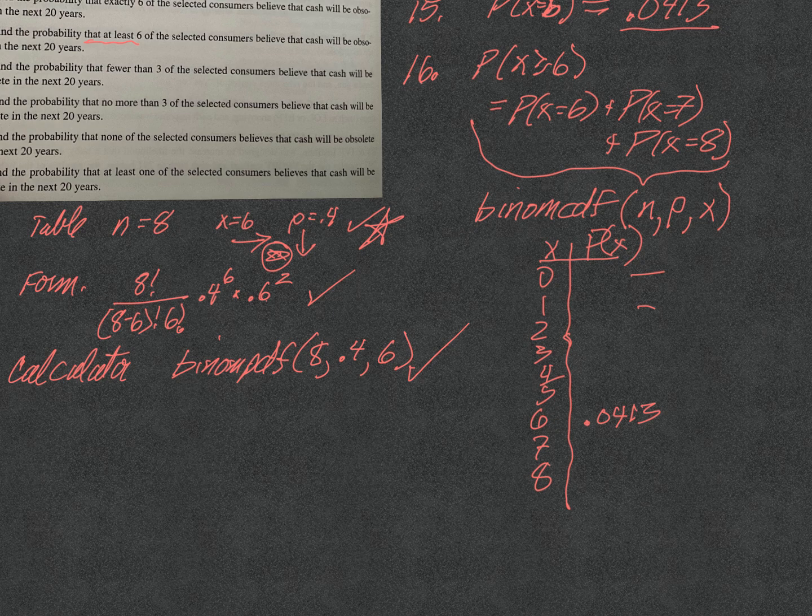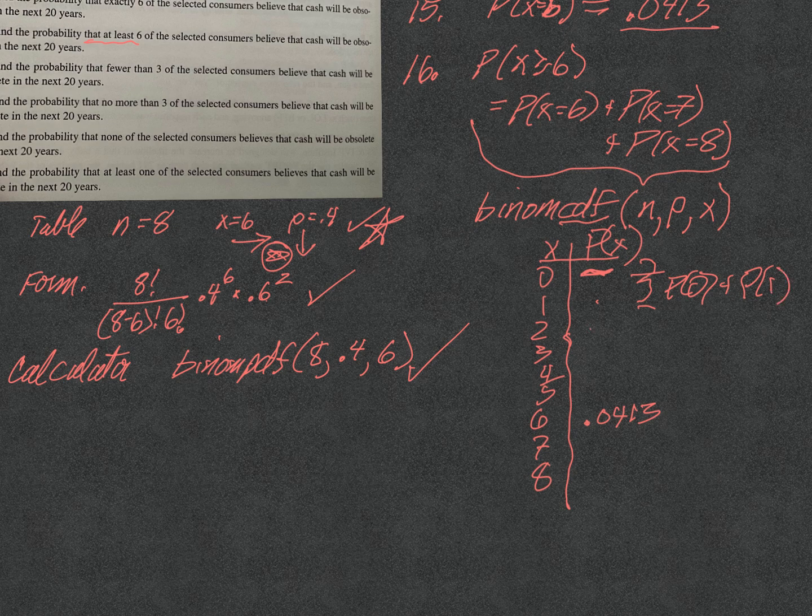But how does a cumulative distribution function work? Do you remember how a cumulative frequency table worked? We actually add them up as we go. So the first one lists a 0, but the second one lists the probability of 0 plus the probability of 1.